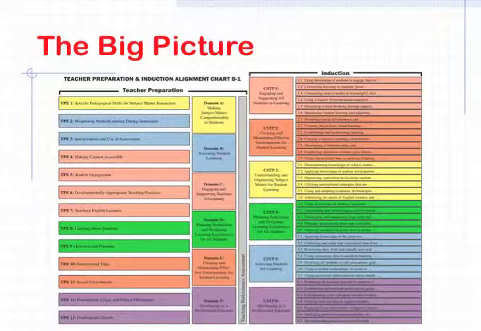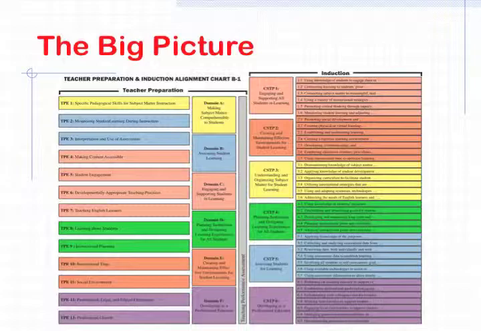However, as they move into induction, depending on your school district, they move into a BTSA program that either looks at domains or at the CSTPs, and they're all the same. It's just that they're organized a little differently.